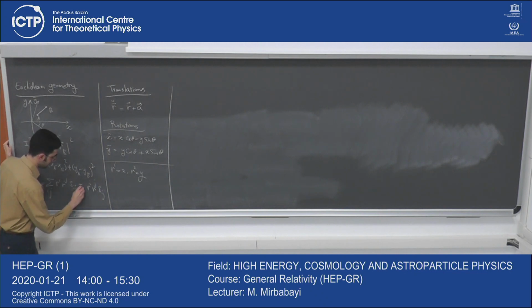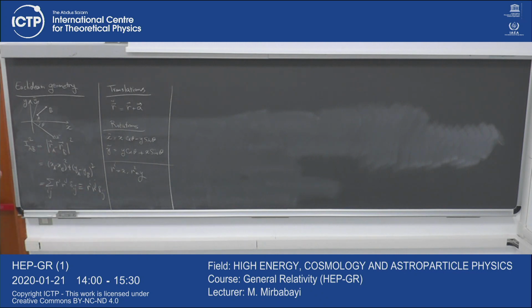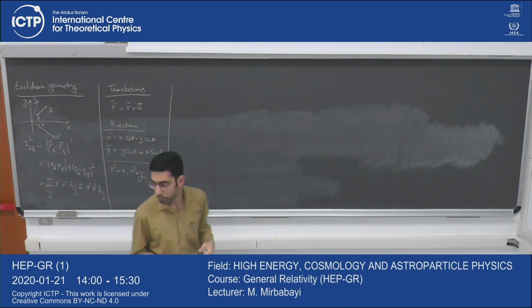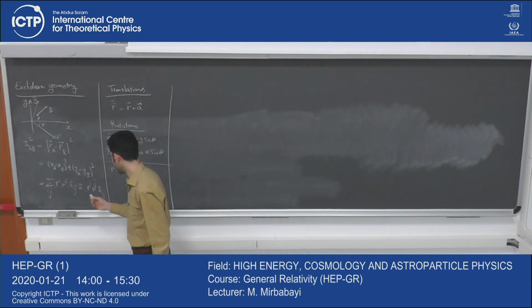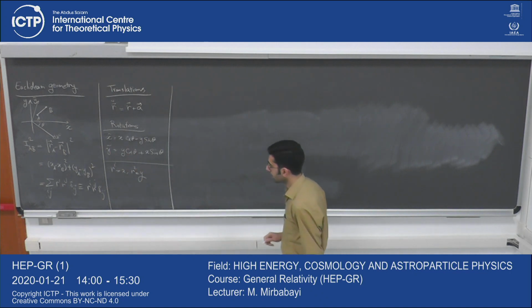So this is the definition. Since i is repeated, it will be summed over the number of possibilities for that index. When we talk about two-dimensional Euclidean geometry, the possibilities are 1 and 2. In higher dimensions, it will be from 1 to d. Similarly, for j, there will be a summation.